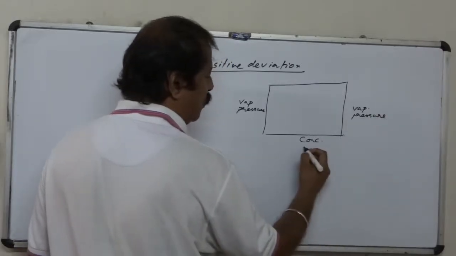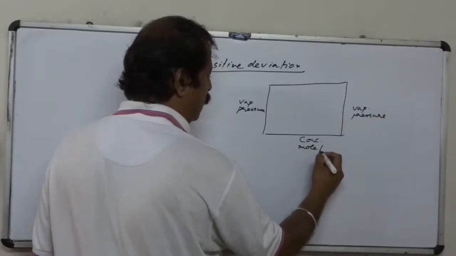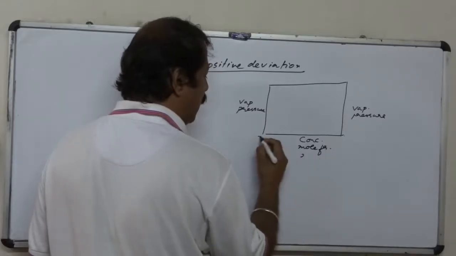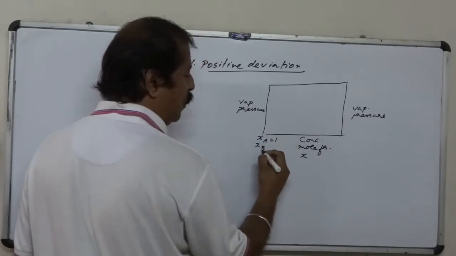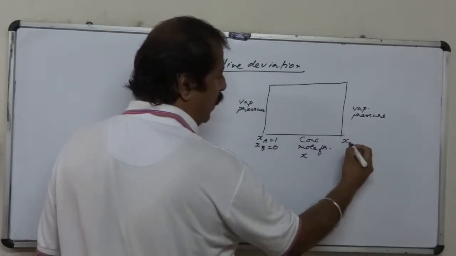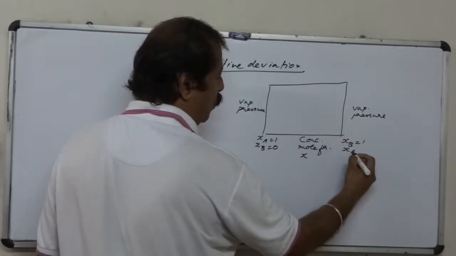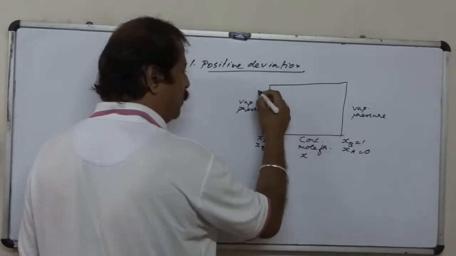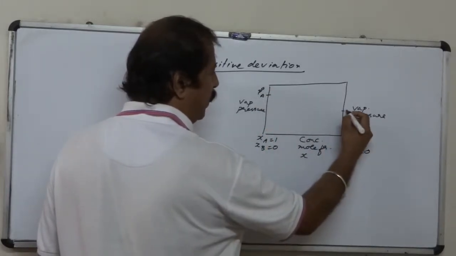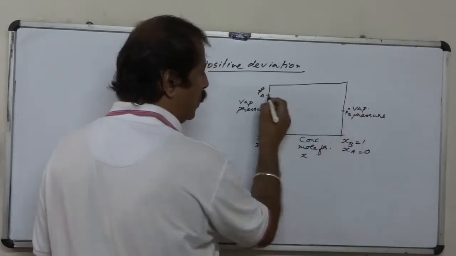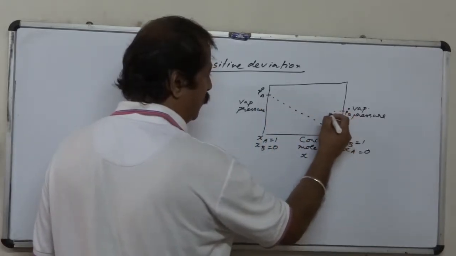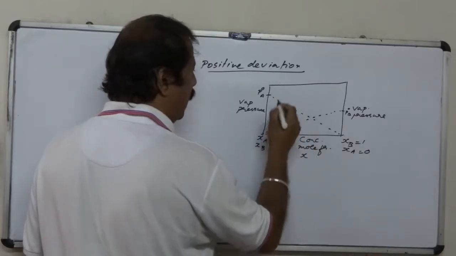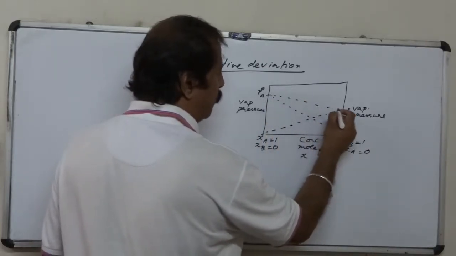The concentration is normally mole fraction, chi A. So chi A equals 1 and chi B equals 0 at one end, and here chi B equals 1 and chi A equals 0, and here you have P0A and P0B. The dotted line represents the ideal solution, and here now we have the positive deviation.